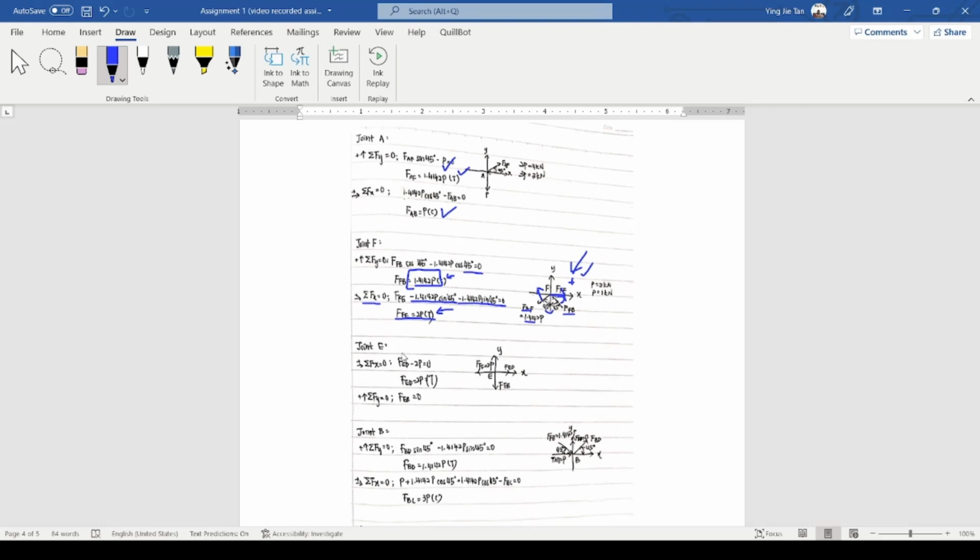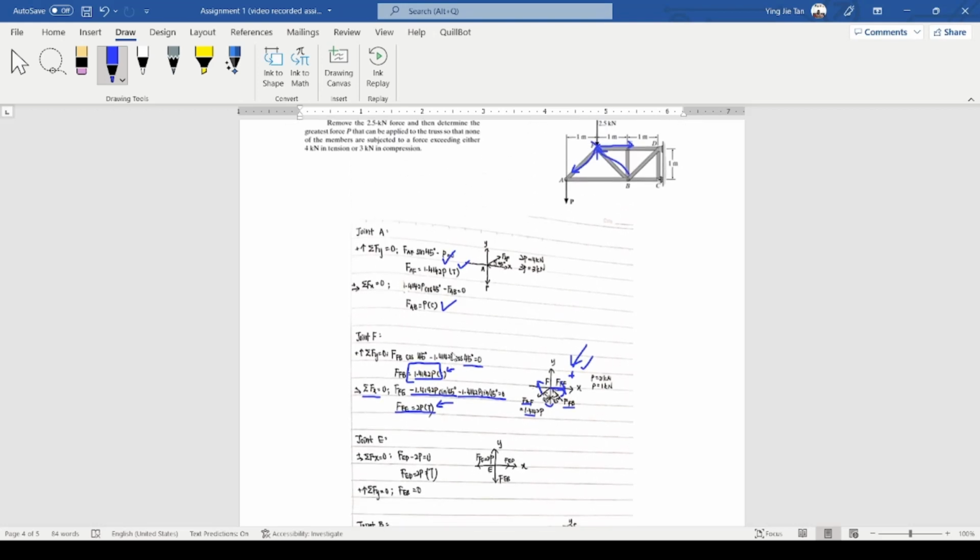Okay, next we see joint E. So joint E, we will put an X here, and then we have the force to here, down. Yeah, these three forces.